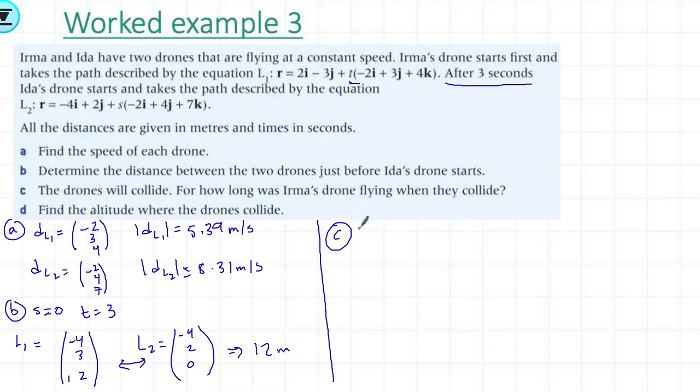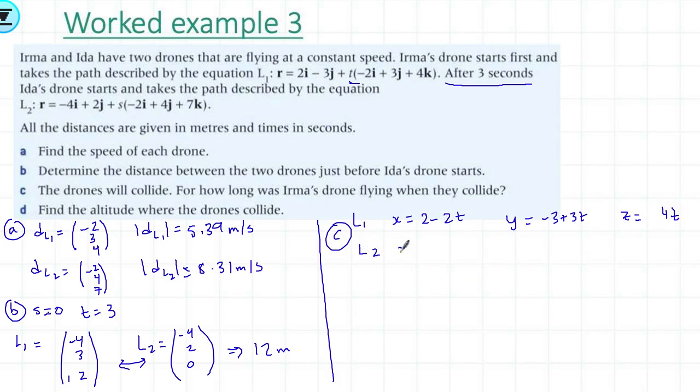Okay. So for L1, we have that x is equal to 2 minus 2t, and y is minus 3 plus 3t, and z is 4t.